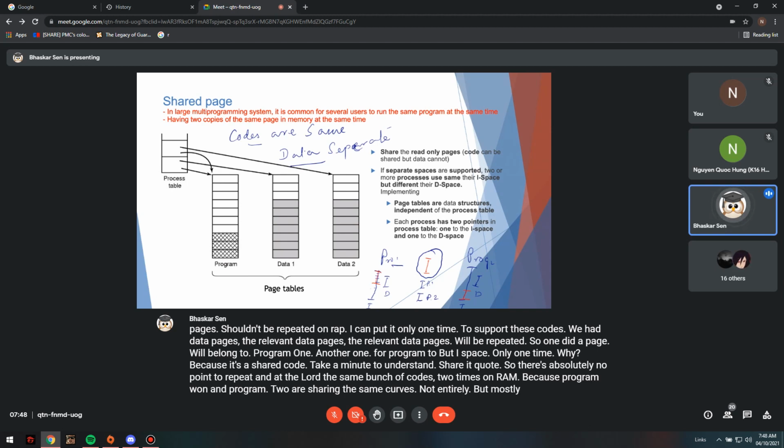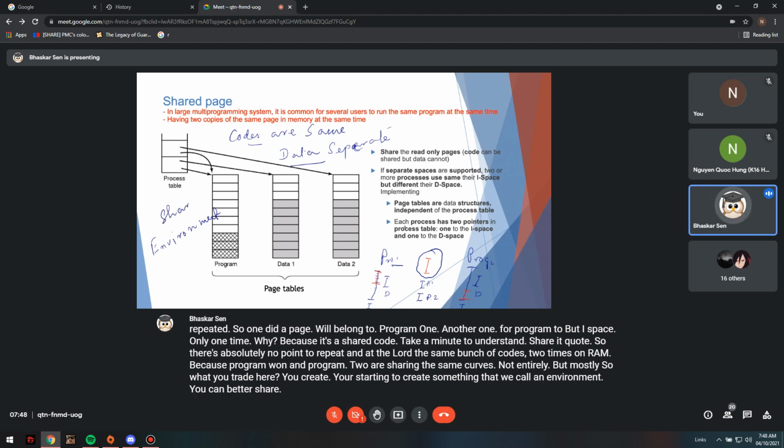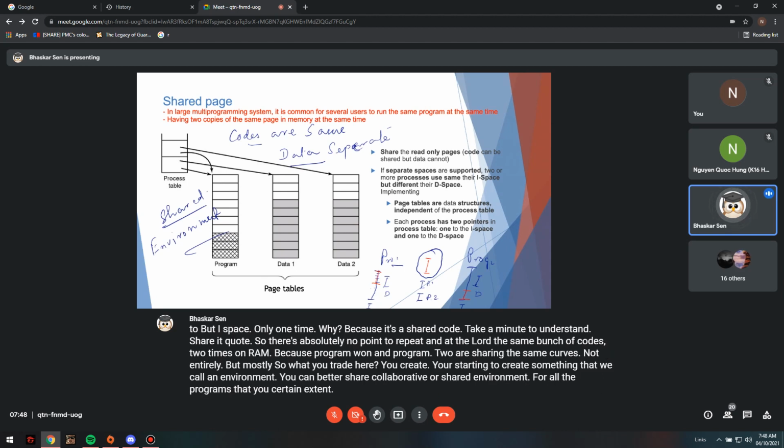So what you create here is something that we call an environment, or better, a collaborative or shared environment for all the programs that to a certain extent use each other's code.